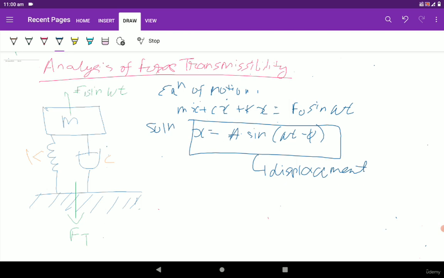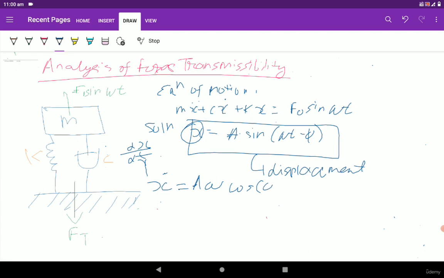So x dot, that is the velocity, is equal to A omega. We have to differentiate x with respect to t. So x dot, that is dx by dt, equal to A omega cos (omega t minus phi), and x double dot is equal to minus A omega square sine (omega t minus phi).